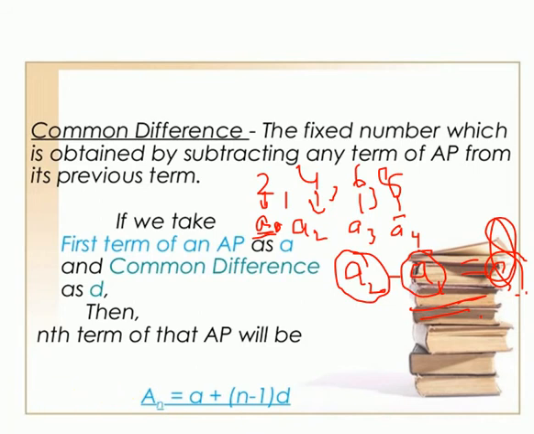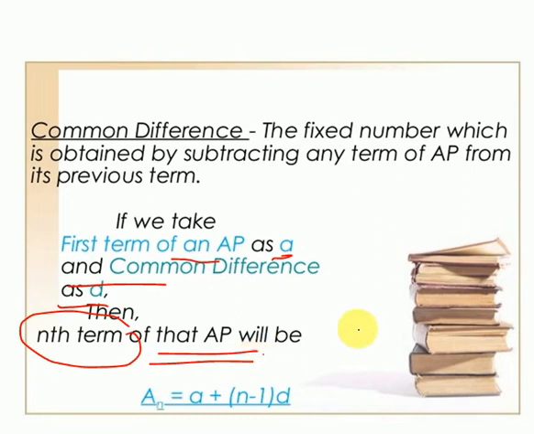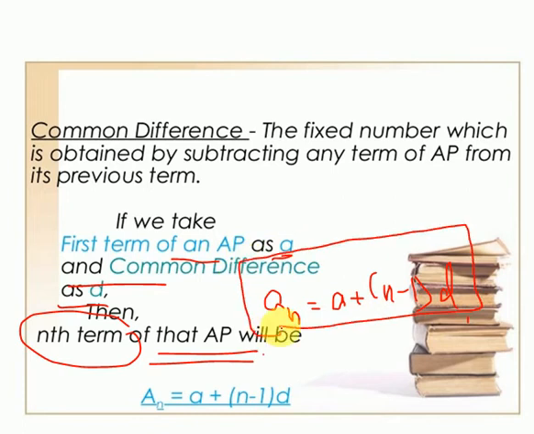Okay. Now, if we take the first term of an AP as a and the common difference as d, then the nth term of that AP will be an is equal to a plus (n minus 1)d. Now what it is saying, you have to understand. This is actually a formula to find any term. Like I am given a sequence 2, 4, 6, 8 and so on.